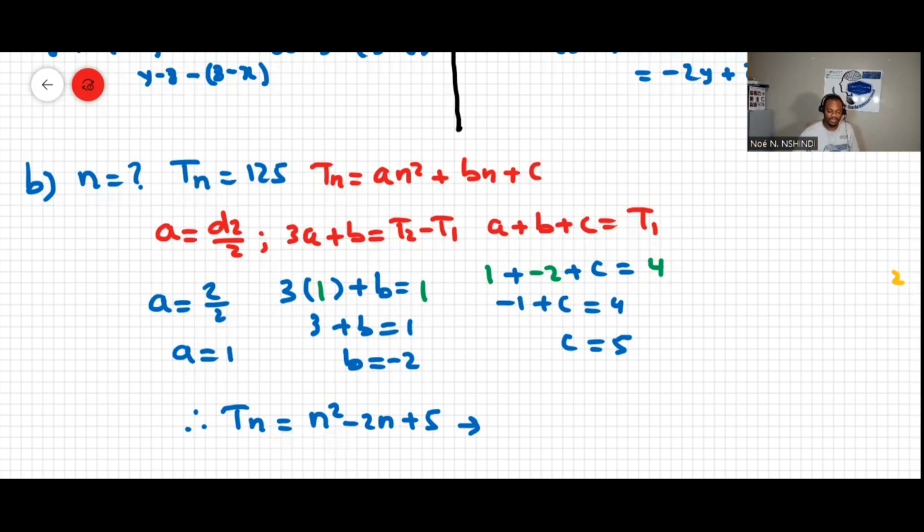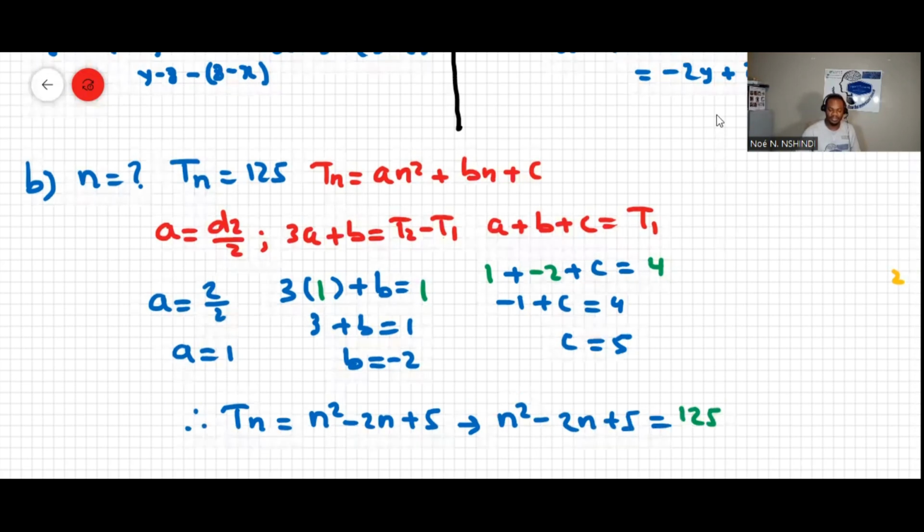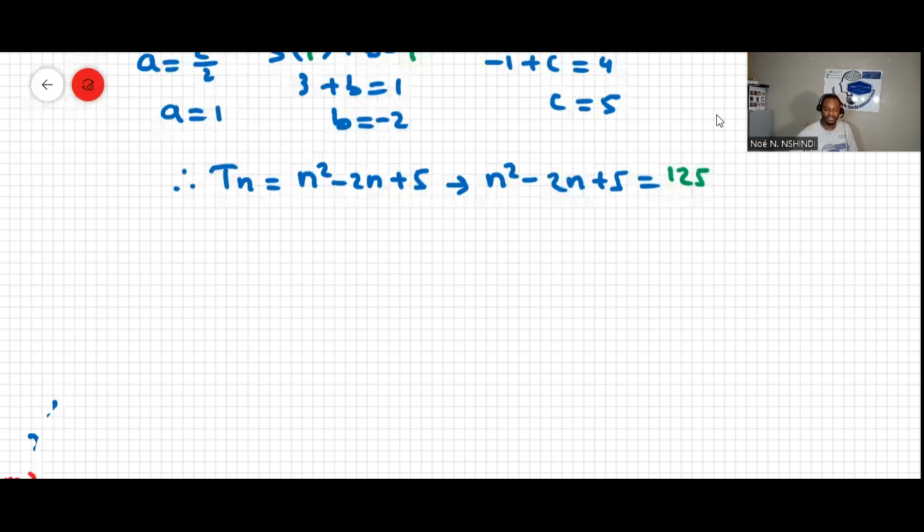will substitute 125. So I'll write n squared minus 2n plus 5 equal to 125. We sub 125 there. And then if I move 125 over, that will make n squared minus 2n minus 120 equal to 0.